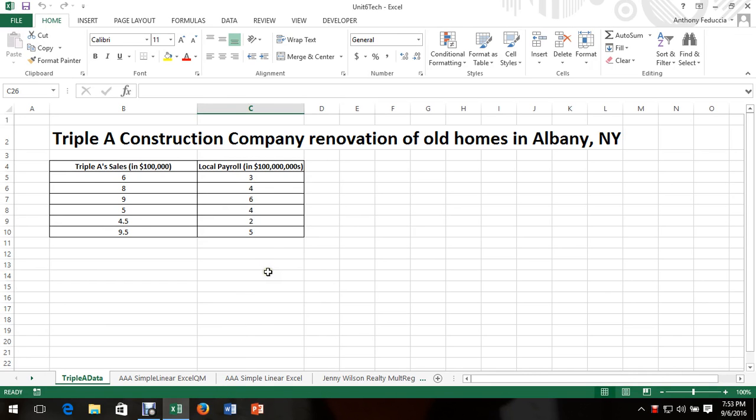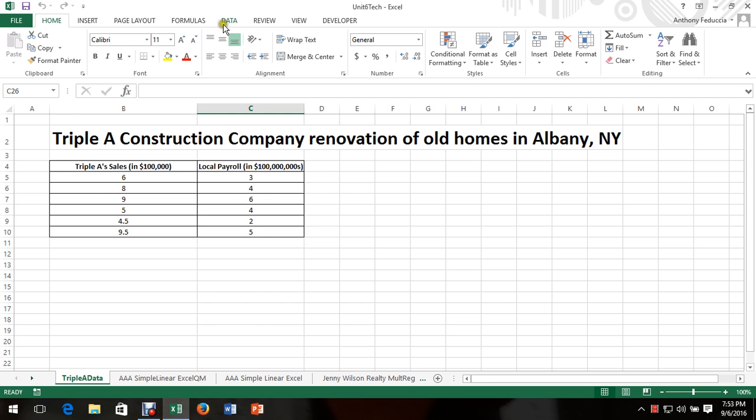In this case, we have a construction company, and it's trying to determine if there's a correlation or some kind of a mathematical relationship between its sales, which you see in the left-hand column in hundreds of thousands, like $600,000, and payroll, local payroll, which is in $100 million, 300 million, in the first case.